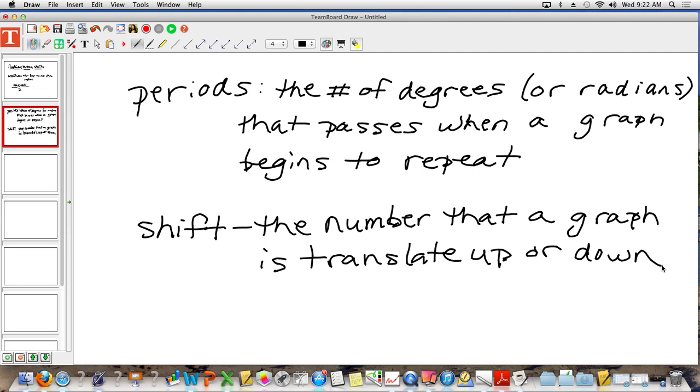Can I flip, or do we need another second? You can flip it. Need a second, okay.